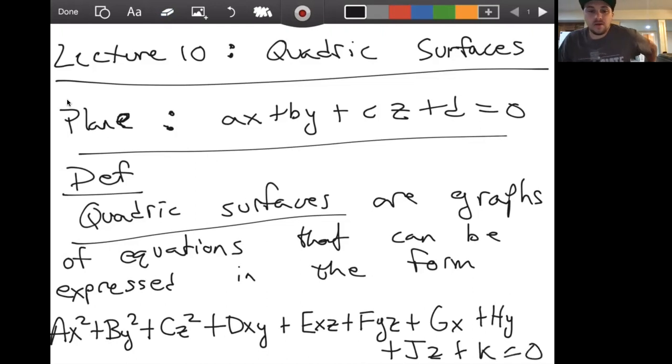So a lot of terms here, and you'll notice it's a quadric surface because the top degree of this multivariable polynomial is always 2.